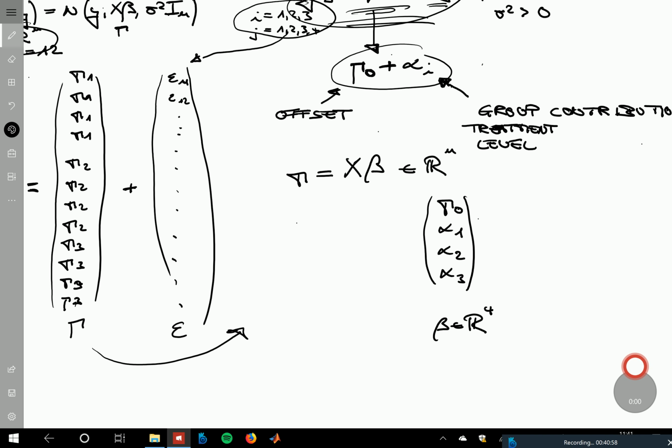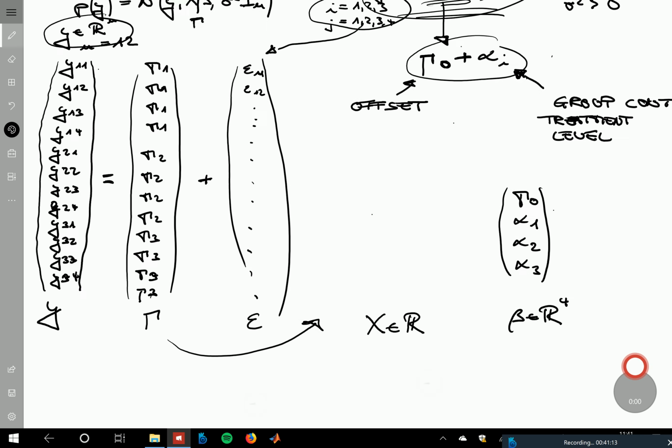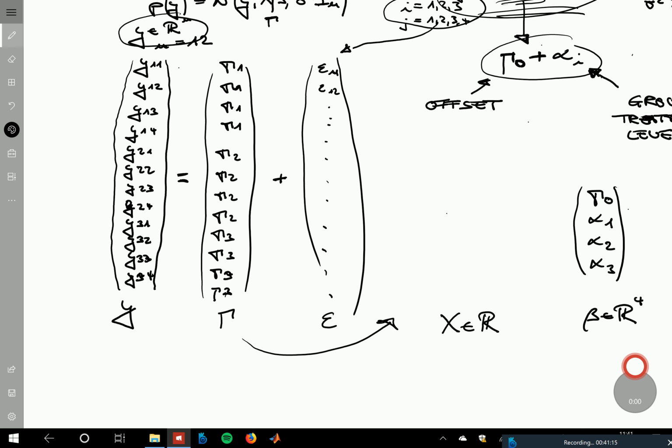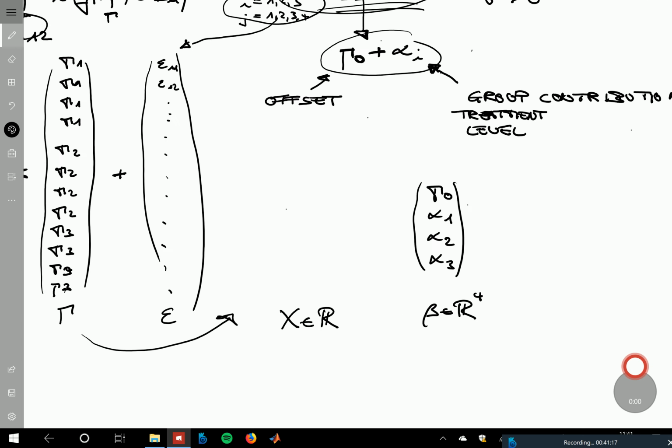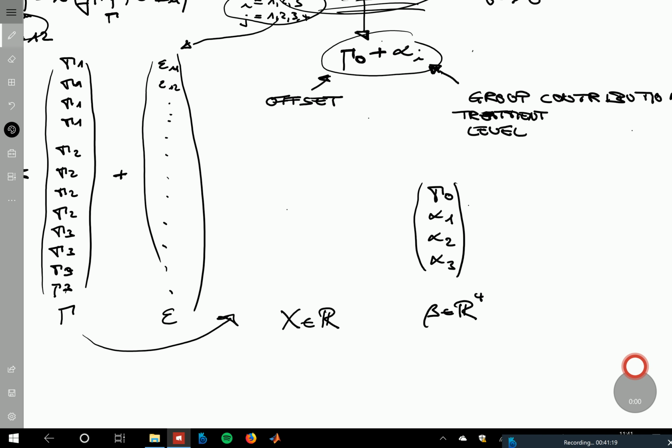So we have to formulate our design matrix accordingly. So how many rows does our design matrix need? If we want to model our 12 data points. Exactly. How many columns does it have?